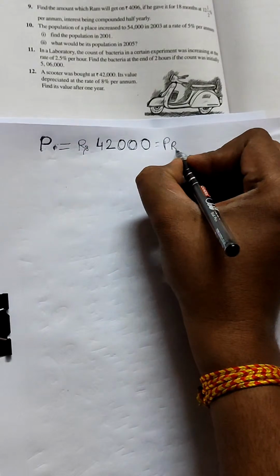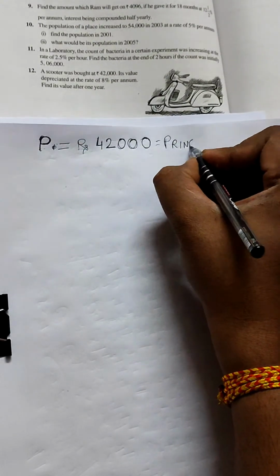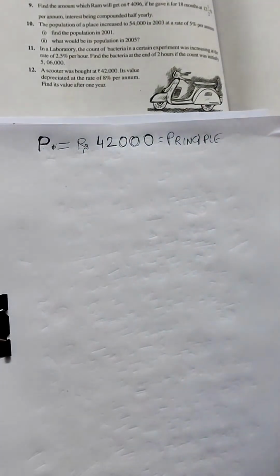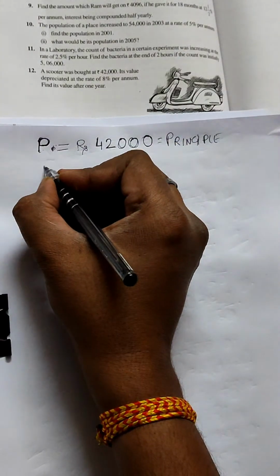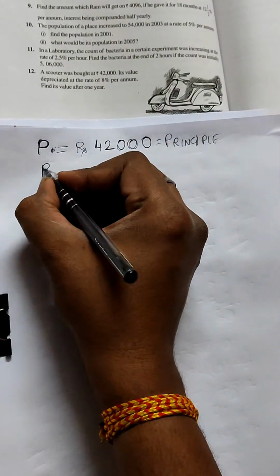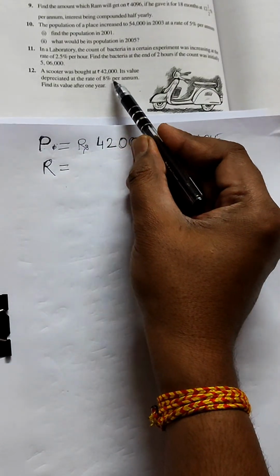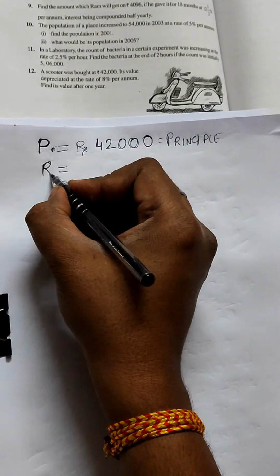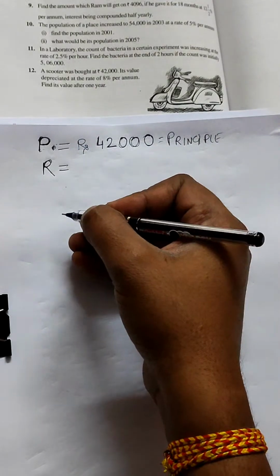So this is the principal. And the rate is denoted by R, and this is given as depreciation of 8% per annum. This is not appreciation, this is depreciation. I will come to that separately in the next line.